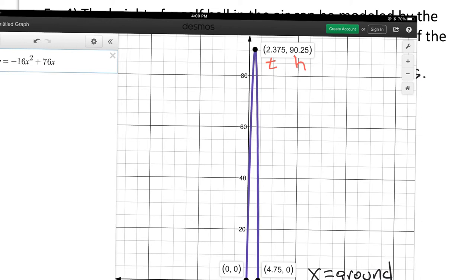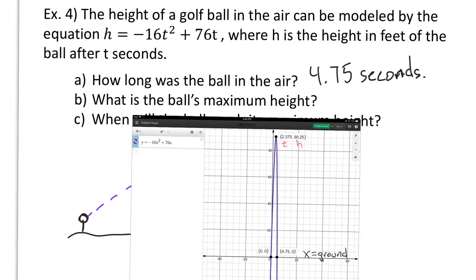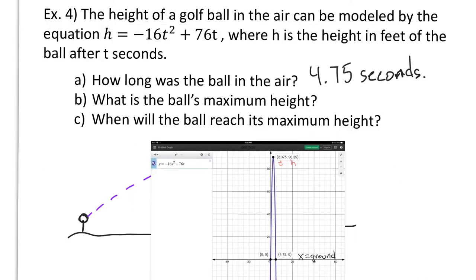So your maximum height is going to be 90.25 because that's how high it went from the ground. So part B, we are going to say the maximum height is 90.25, and it is feet because that's what it says, height is in feet right here.